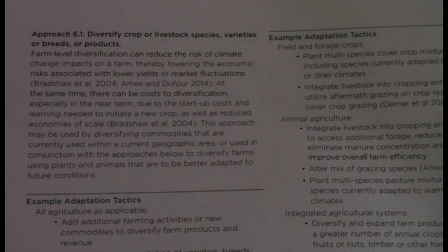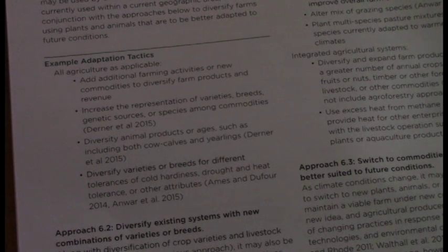So you can see here there's approach 6.1 to diversify, and then it talks about diversification and how it can benefit you, and then it goes into some example tactics.